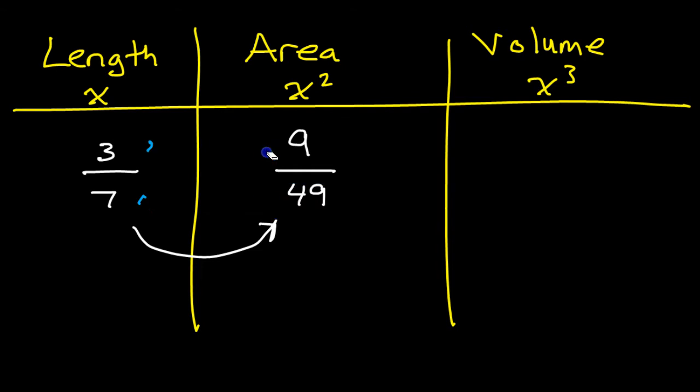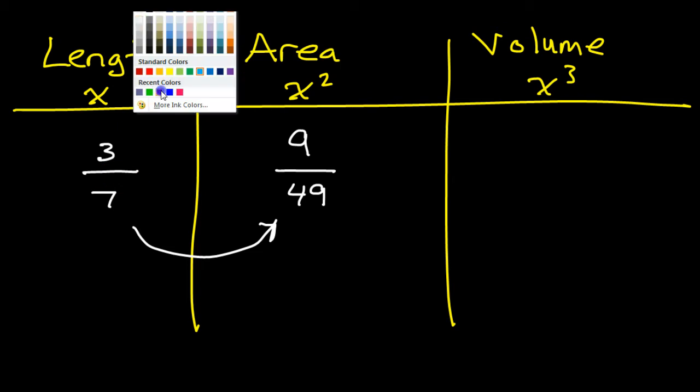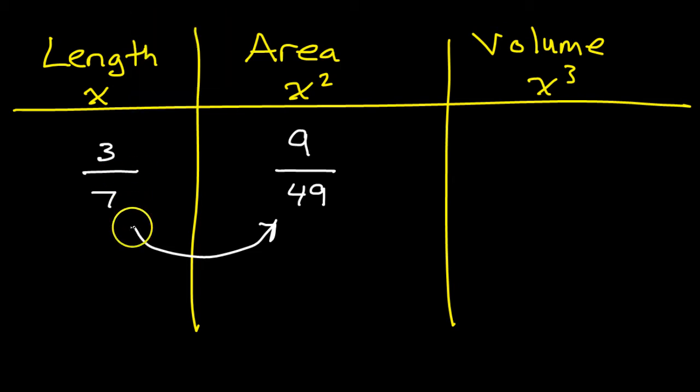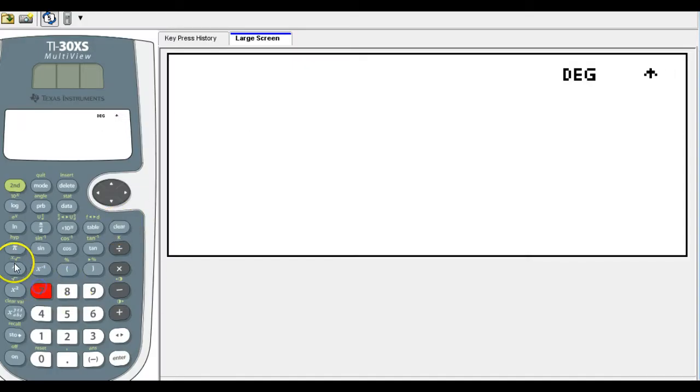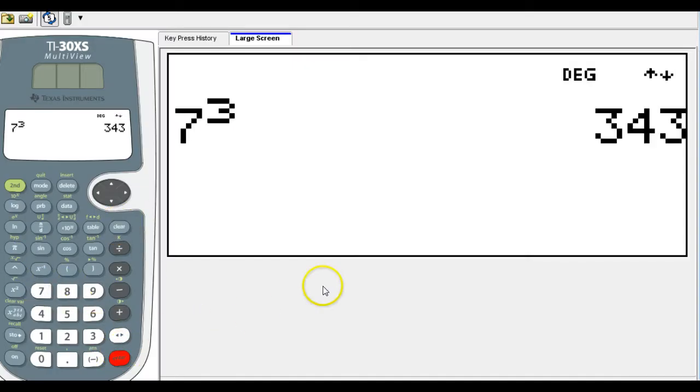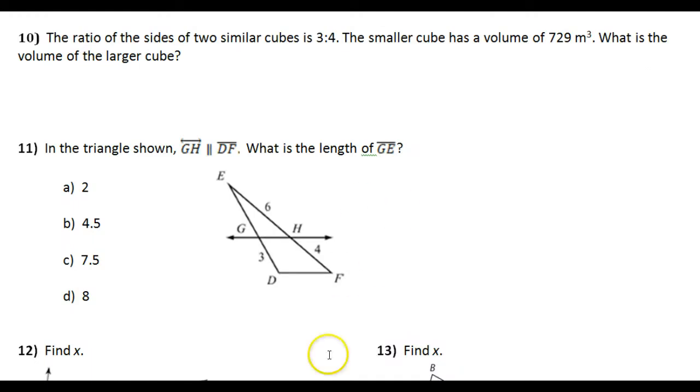Alright, at any rate, once you have the ratio of the lengths, in this case 3 to 7, then you can go ahead and find the volume scale factor by cubing this. 3 to the third power is 27, and 7 to the third power is 343.